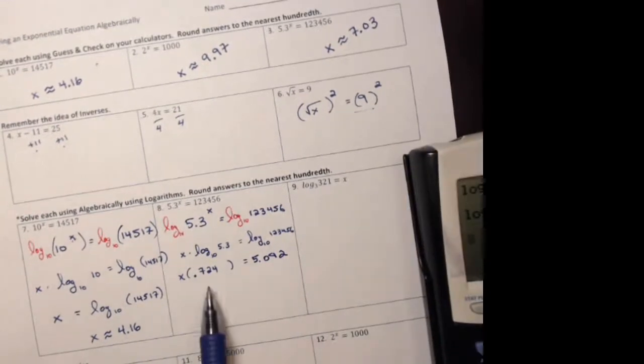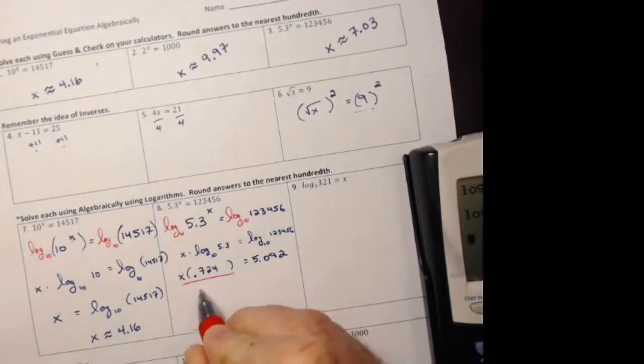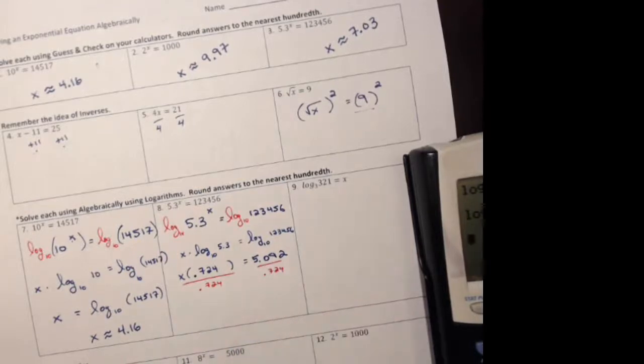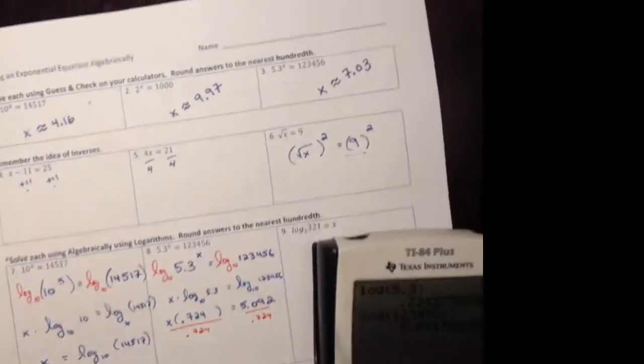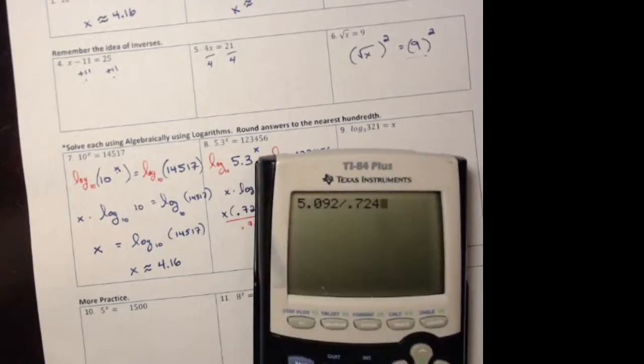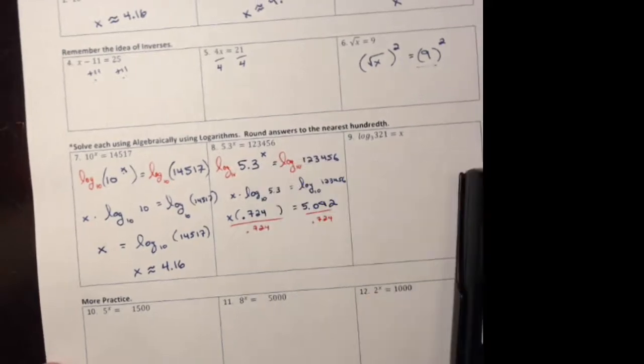Okay. Now to get x by itself, we're going to divide both sides by 0.724. And so let's see. So we're hoping for this, 7.03. Let's see how that works out. 5.092 divided by 0.724. 7.03.